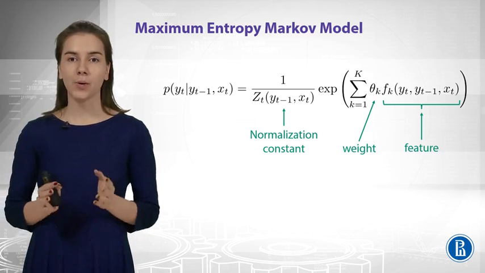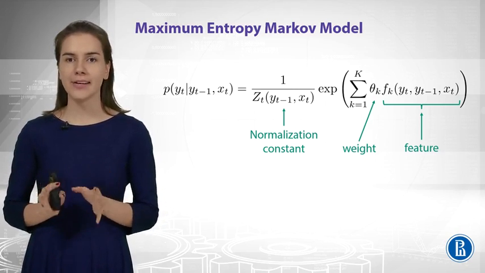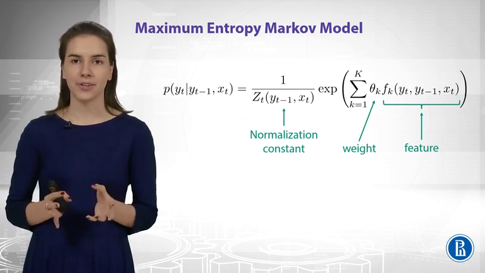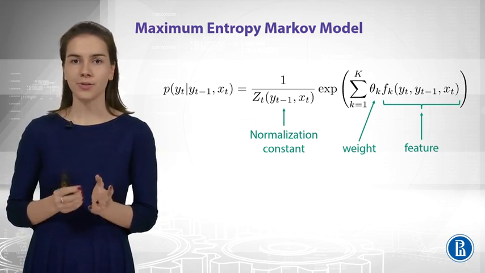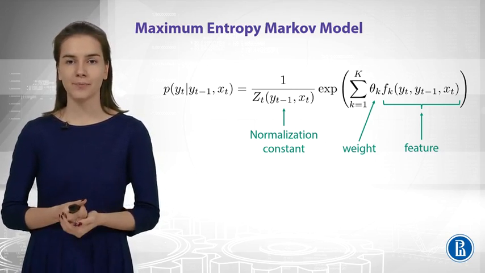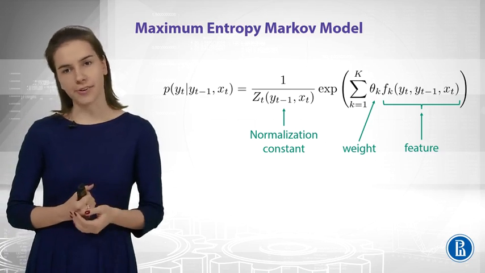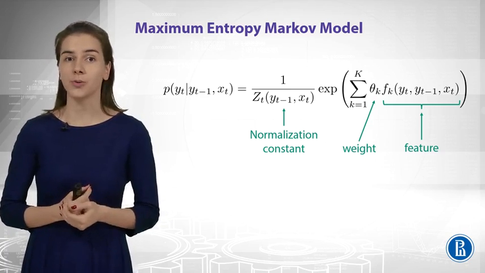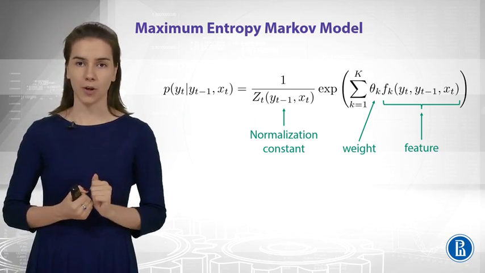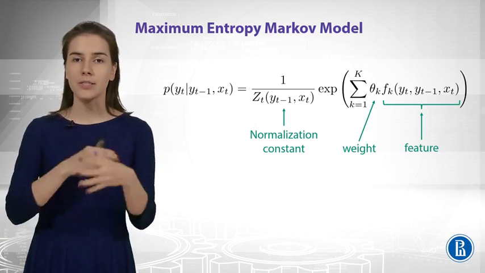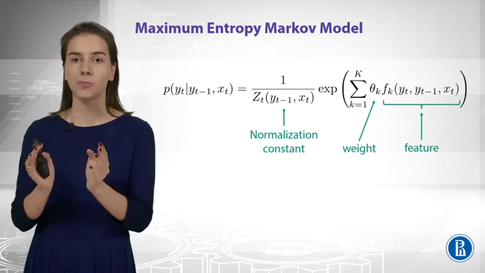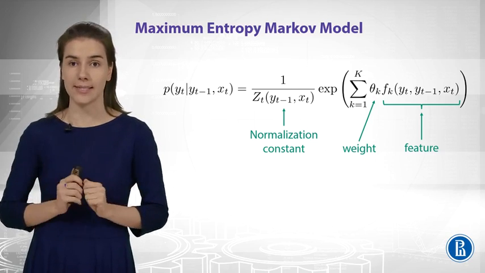Okay, probably you have a feeling that you have already seen something similar in machine learning. So do you remember a similar model? Well, actually, logistic regression is super similar to a maximum entropy Markov model. There, you also have a softmax applied to the dot product of features and weights.